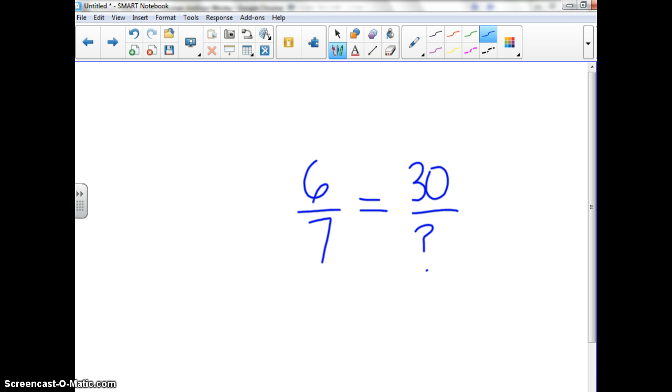Sarah. It's 5. Or the denominator's 35. How did you get that? I looked at the numerator and did 6 times 5 and it equals 30, and then I did it to the bottom.